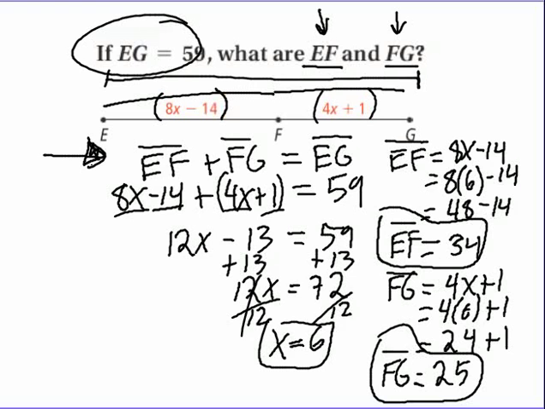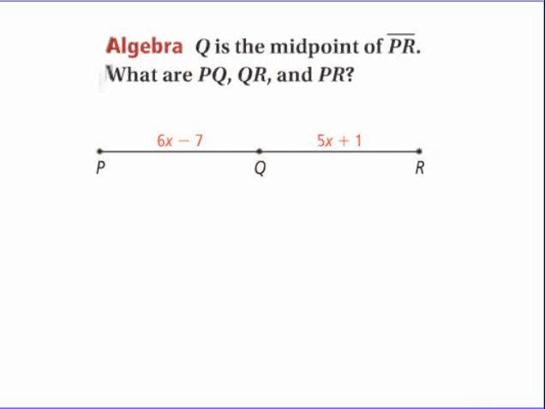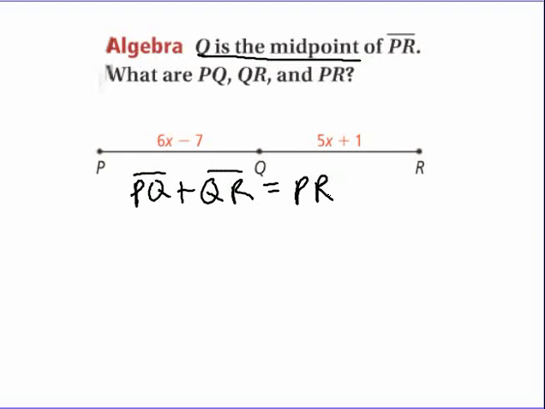Now, this next one is going to be a little bit different because I'm dealing with the midpoint. Okay, yes, it is true that PQ plus QR does equal PR. Very true. And then I could go back, put 6x minus 7 plus 5x plus 1 equals, oh, I don't know.